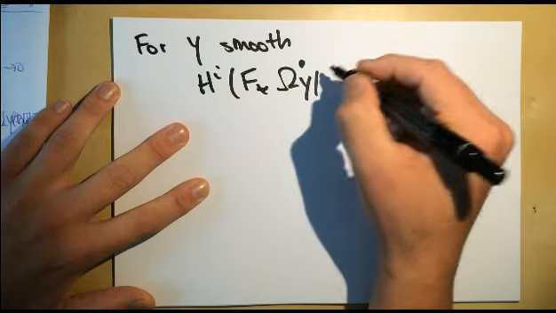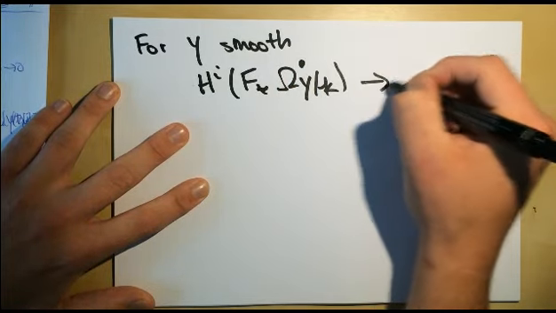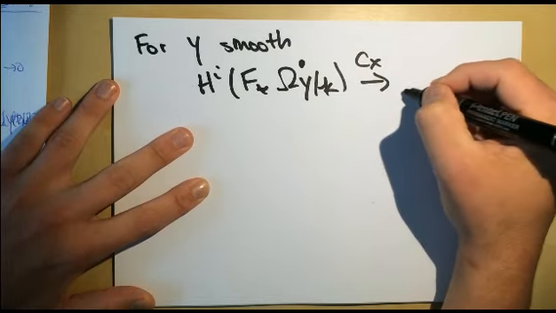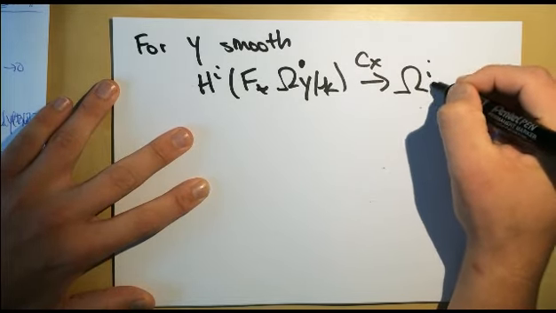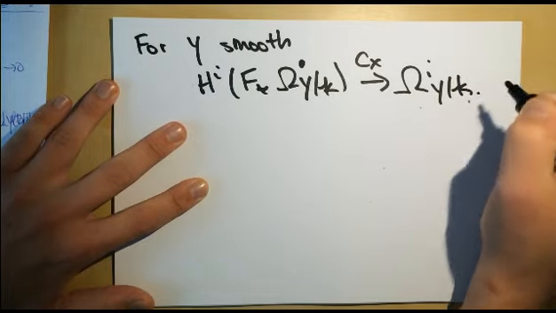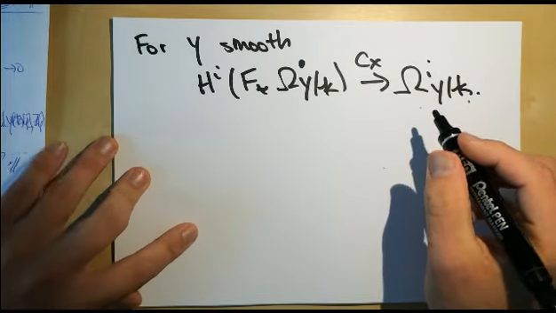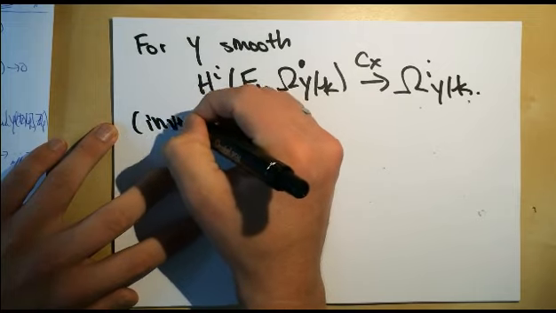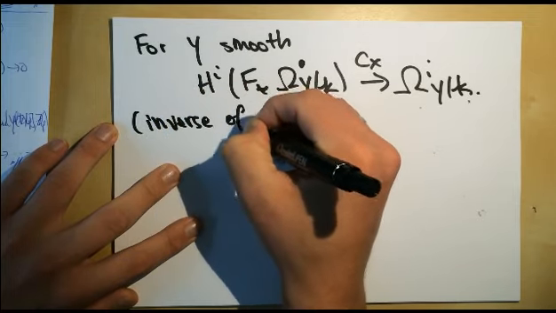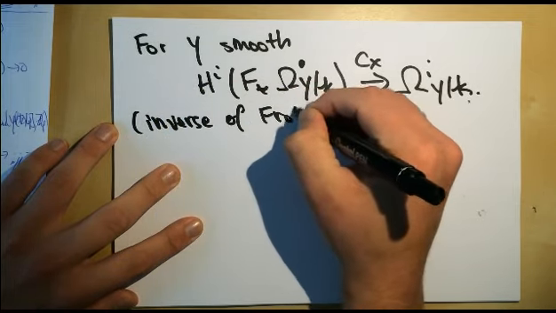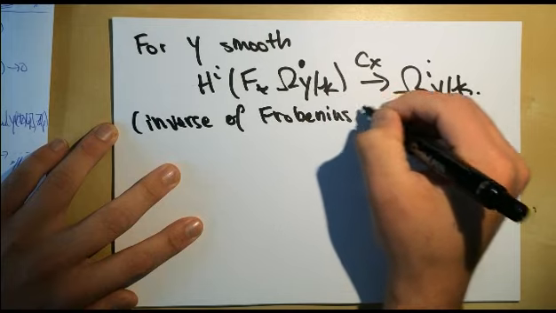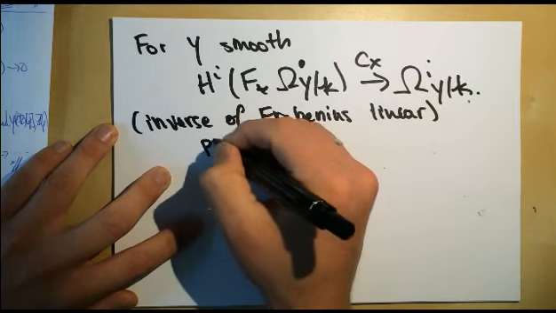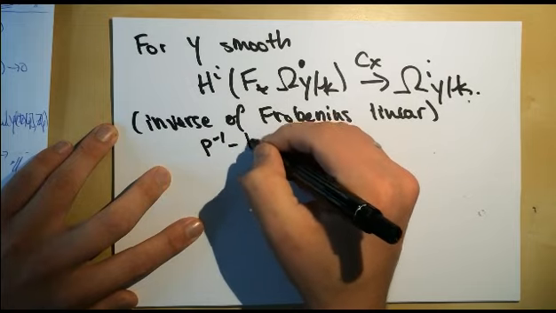We're doing it over a perfect field k, so this is the inverse of the Frobenius linear. Sometimes people call this p^(-1) linear.